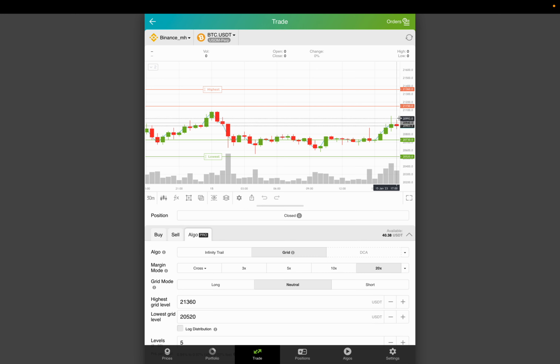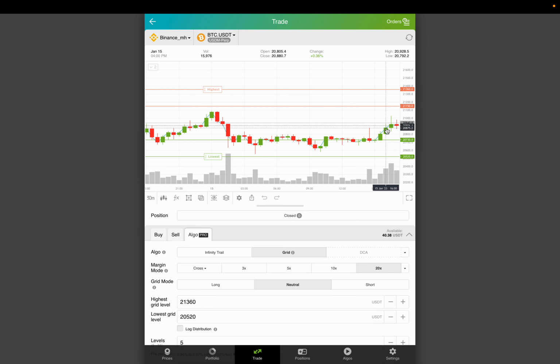If the market price goes up 2 levels, you sold 1 BTC here and 1 BTC here, so your position is minus 2 BTC. So the amount of risk of your exposure here is minus 2 BTC. If the price continues to go higher, you'll be losing proportionally on that position of minus 2 BTC.